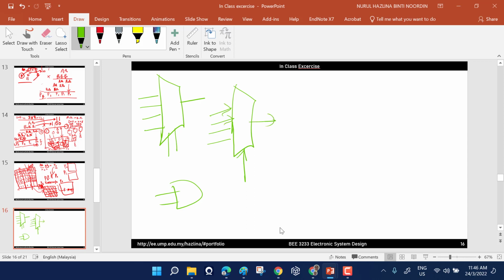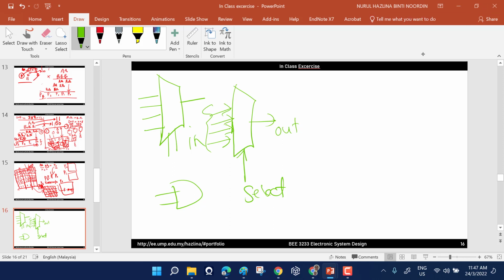So, multiplexer, how many elements are there in a multiplexer? There should be input, output and select. Another way to implement your digital circuit is by using a multiplexer.